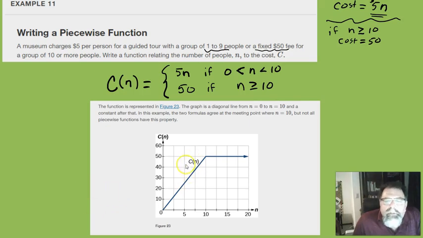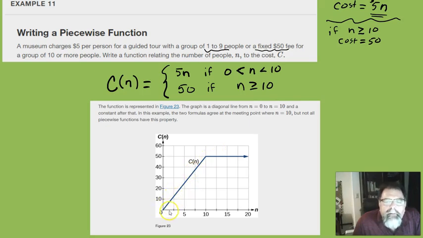Okay, and the book shows a graph for that function. So look at from 0 to 10: if you did y equals 5n, at 0 it would be 0, and if you did 9 people, that would be $45. So they drew this line.